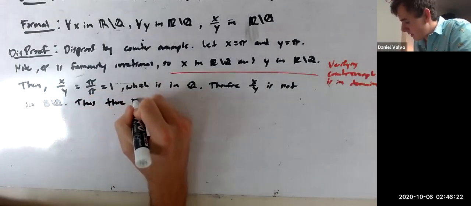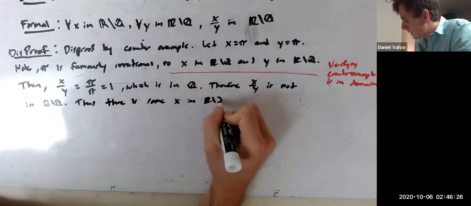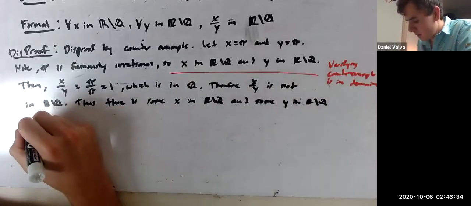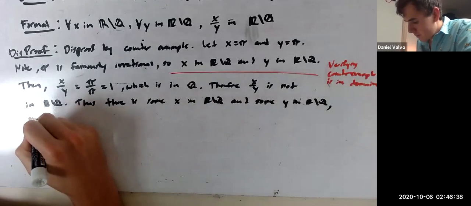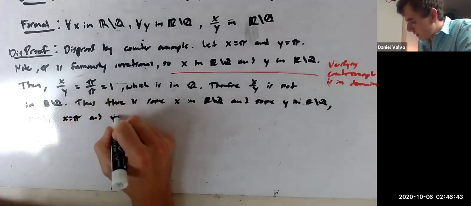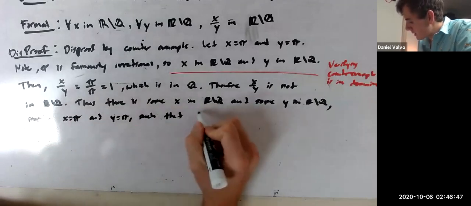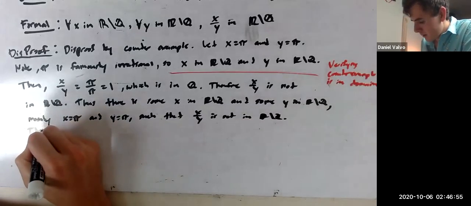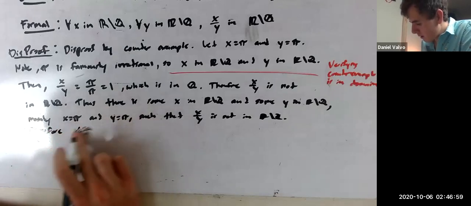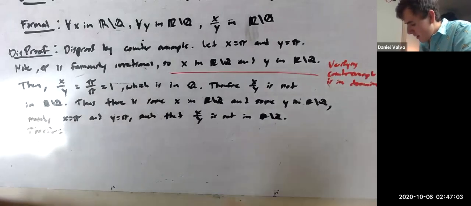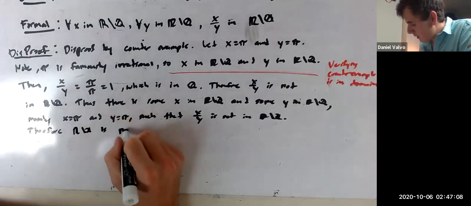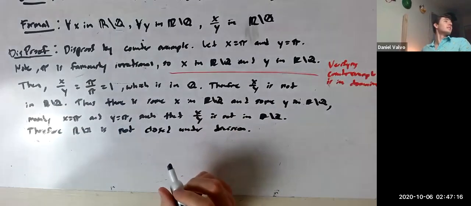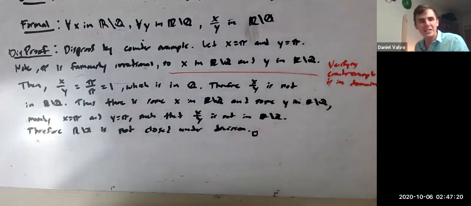Thus, there is some x in R over Q and some y in R over Q, namely x equals pi and y equals pi, such that x over y is not in R over Q. Therefore, R over Q is not closed under division. Squarey thing. QED, we're done.